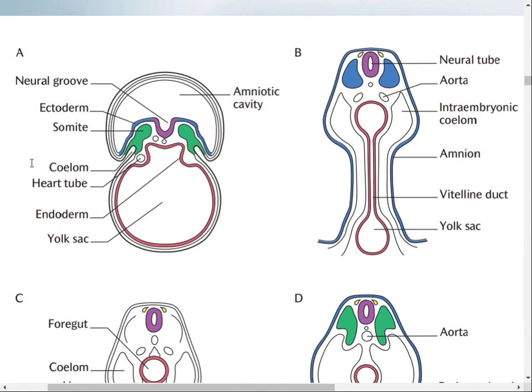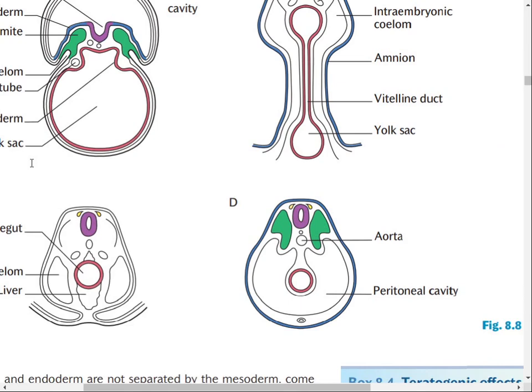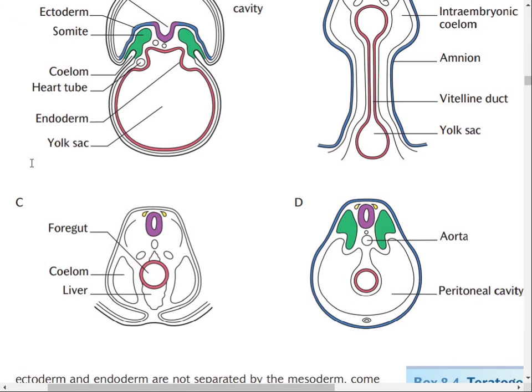Neural groove, ectoderm, somite, amniotic cavity, coelom, heart tube, endoderm, yolk sac, neural tube, aorta, intraembryonic coelom, amnion, vitelline duct, yolk sac, aorta, peritoneal cavity, foregut, coelom, liver.